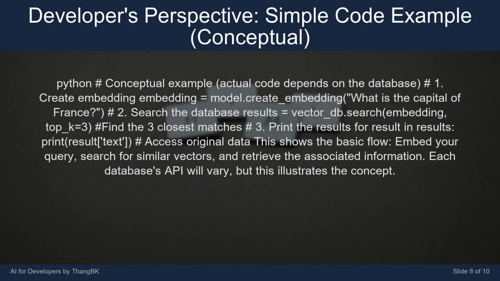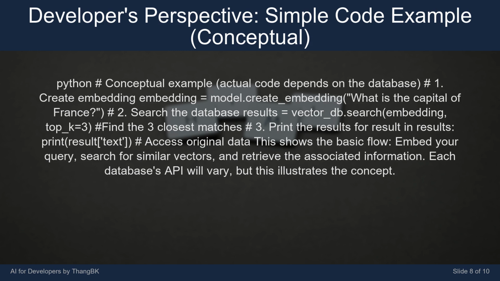Python. Conceptual example. Actual code depends on the database. Number 1. Create embedding. embedding = model.create_embedding("What is the capital of France?"). Number 2. Search the database. results = vector_db.search(embedding, top_k=3).